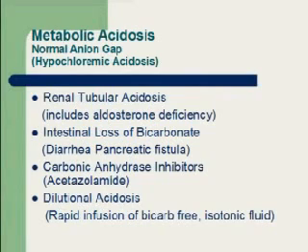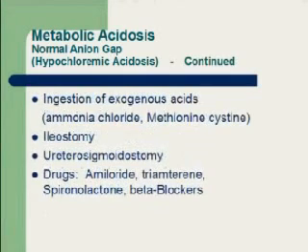Also in renal tubular acidosis includes aldosterone deficiencies. We talked about aldosterone before. Intestinal loss of bicarbonate, diarrhea, pancreatic fistula, carbonic anhydrase inhibitors, acetazolamide, some medication that can be used, and then dilutional acidosis, rapid infusion of bicarb-free and isotonic fluid.